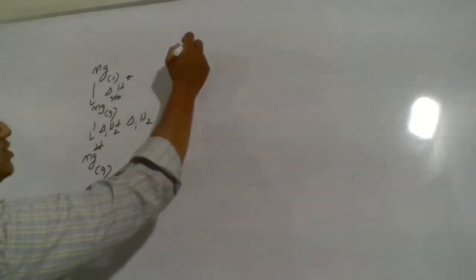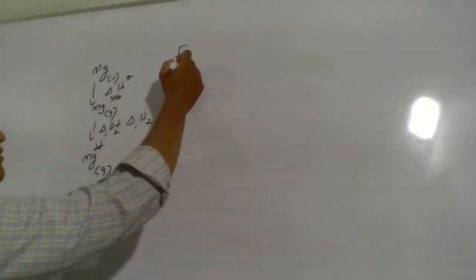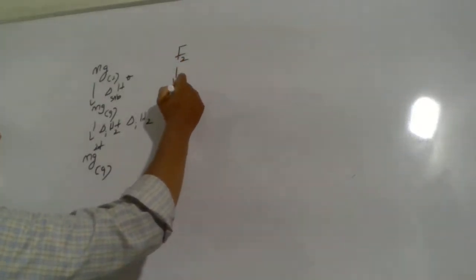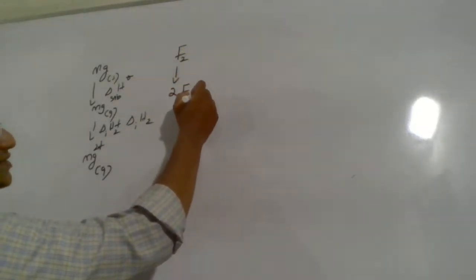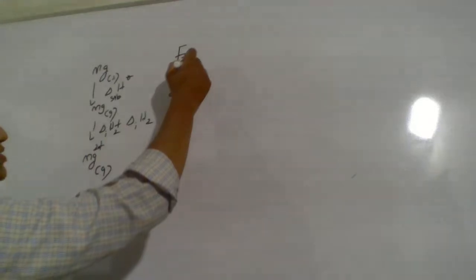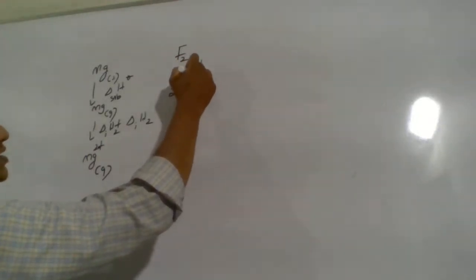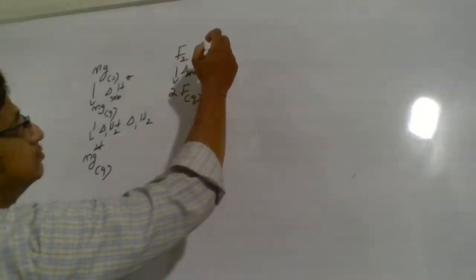Now next, it should be in the gas, right? Next think about fluorine. Fluorine exists as F2, which has to be converted into F minus, right? So first of all, you have to convert fluorine into fluorine gaseous atoms, that we call dissociation enthalpy, delta H bond dissociation enthalpy.